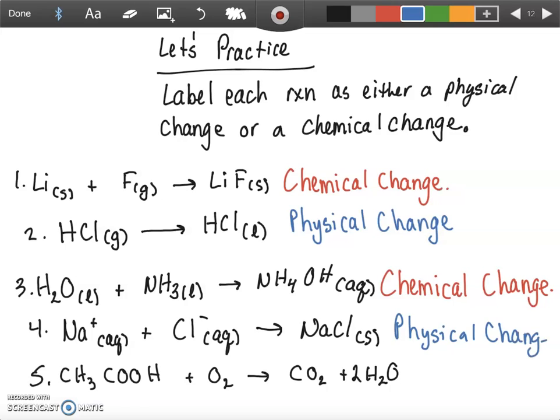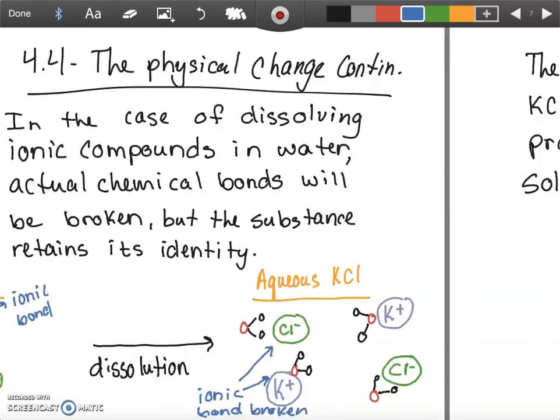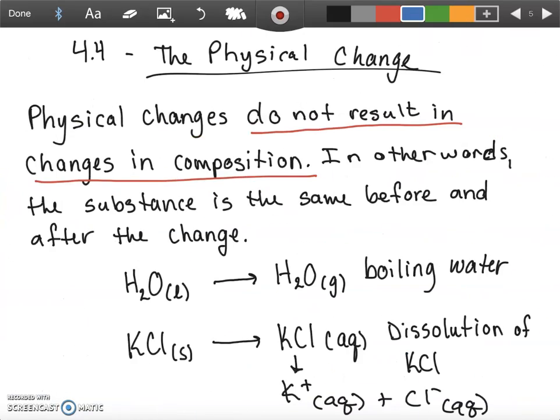Why is that? Well, if we go back here and take a look at the very beginning when I was talking about dissolution, solid potassium chloride forming into an aqueous potassium chloride is dissolution, a physical change.